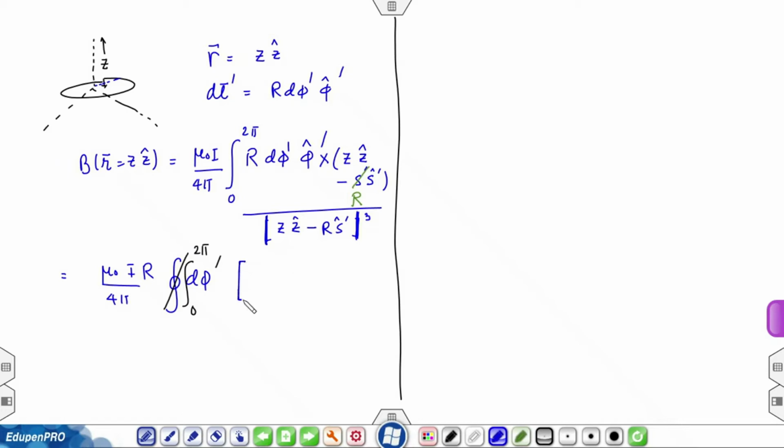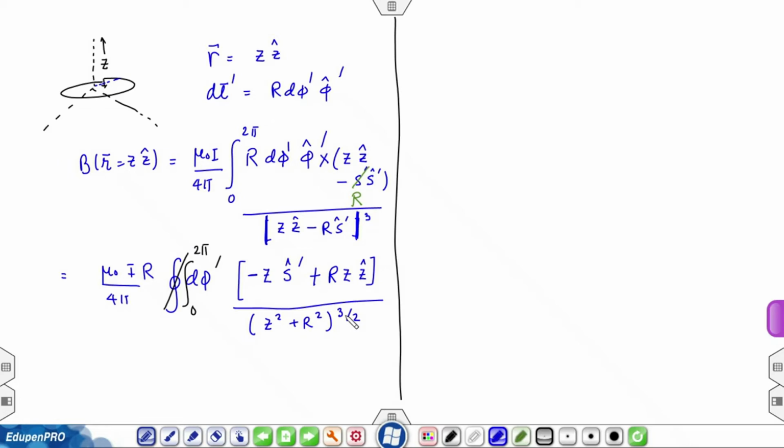So, I can write this as z s prime with a minus sign, and phi prime cross s is minus z. So, this will become plus r z divided by z square plus r square raised to 3 by 2.